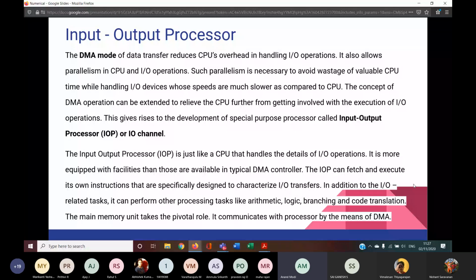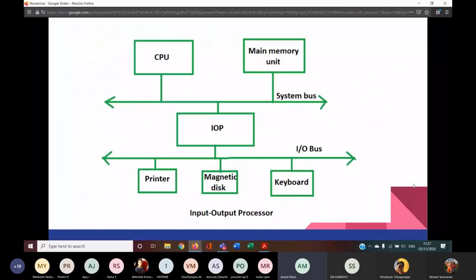So this is why we introduce a special processor called the input-output processor, and it is just like a CPU that handles the details of the input-output operation. It is more equipped with facilities, and it fetches and executes its own instructions that are specifically designed to characterize input-output transfers, in addition to input-output related tasks, and it can perform various tasks like arithmetic logic, branching, and code translation. Yeah, we can go to the next slide.